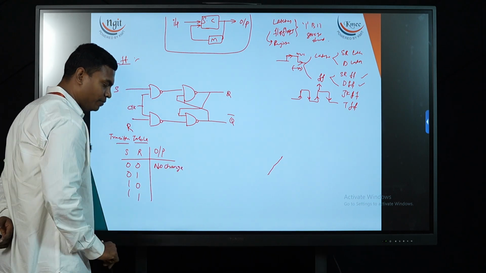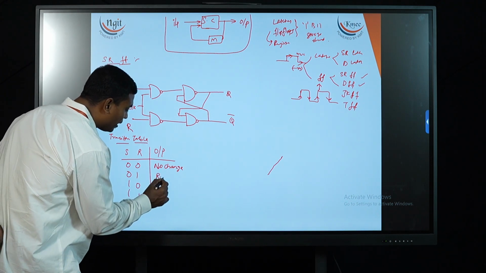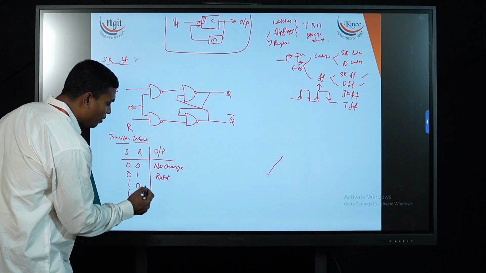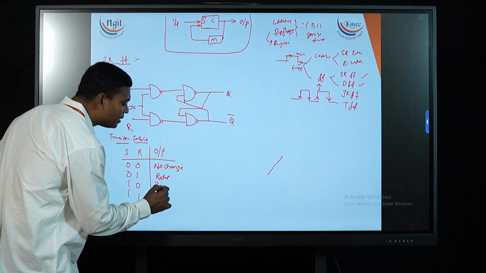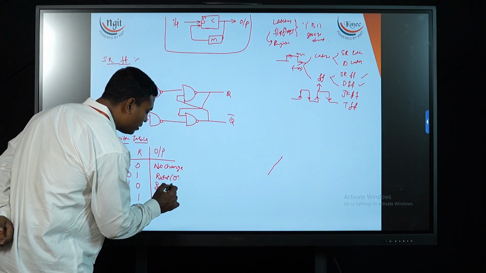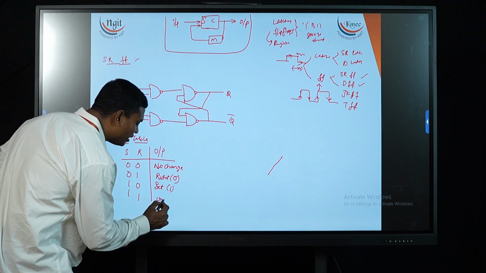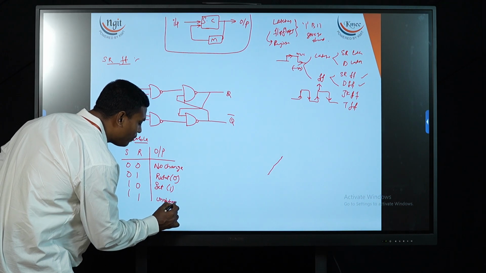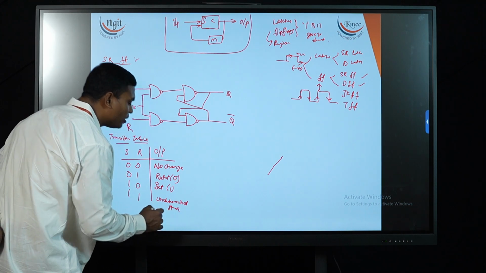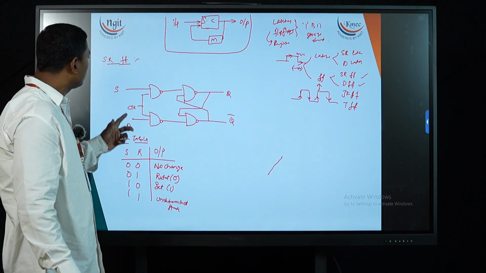For 0 1 it is the reset state, meaning my circuit gets reset. For 1 0 it is called the set state, meaning it is in set mode. Reset means the value is 0, set means the value is 1. For 1 1 it is called the undetermined state, meaning I do not have a perfectly determined value for the 1 1 state. So this is the transition table for my SR flip-flop.